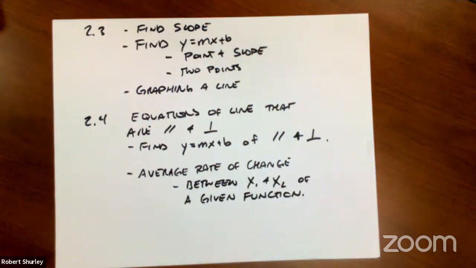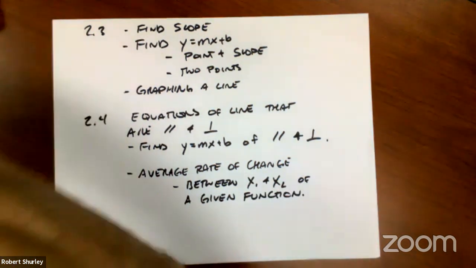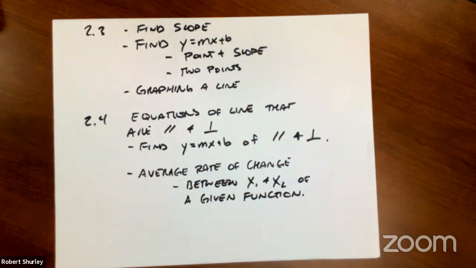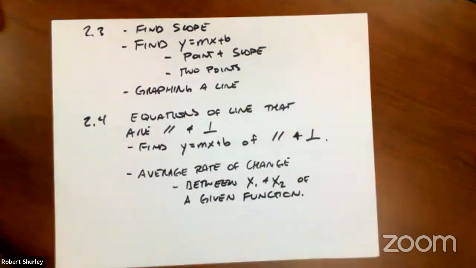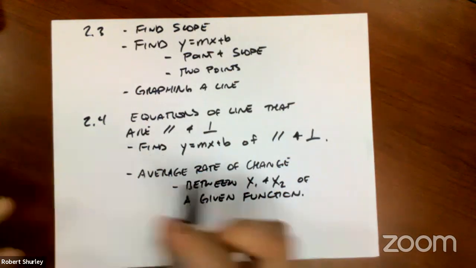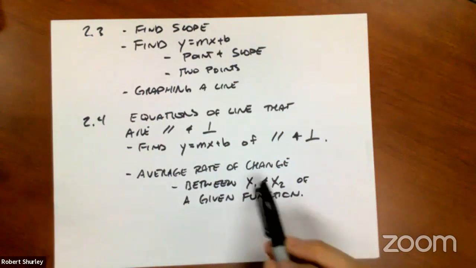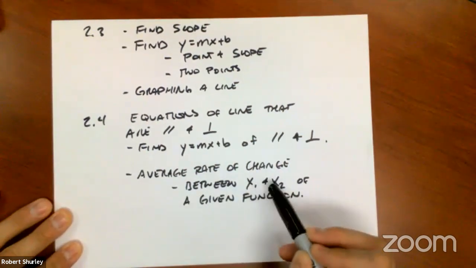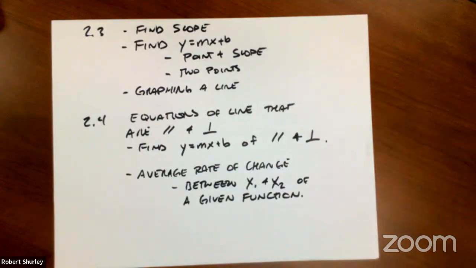I tried to find an example of a graph where we found the average rate of change, or a real world example, but I couldn't find one in that test generator software. So I stuck to questions where I give you a function and ask you to find the average rate of change between two x coordinates, okay? And if you go in the homework, there's questions that look exactly like that, okay?